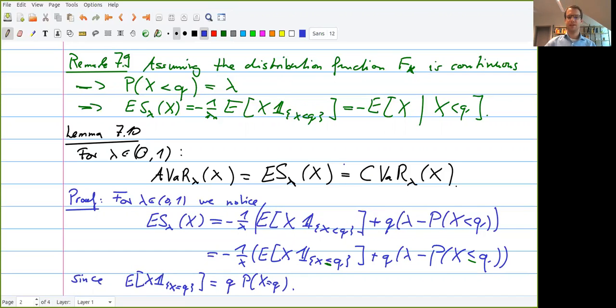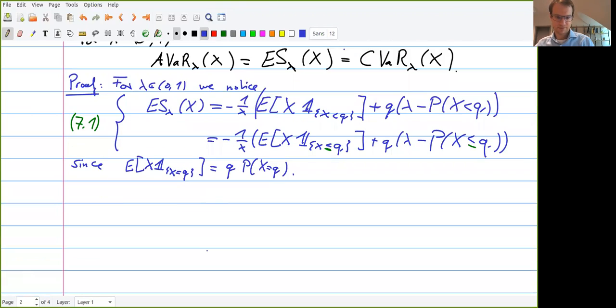All right. I did this pre-observation because I want to use it. So what you keep in mind if I refer to 7.1 is that you can define the expected shortfall also with less or equal than rather than strictly less.